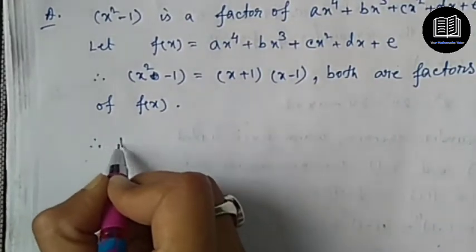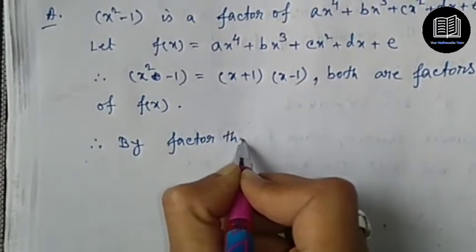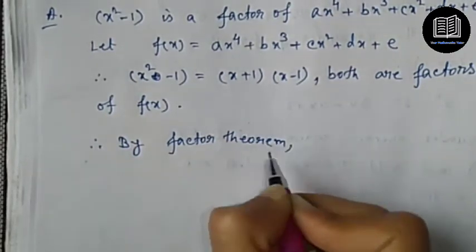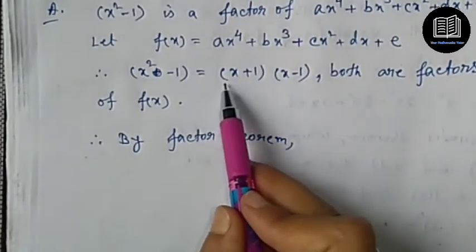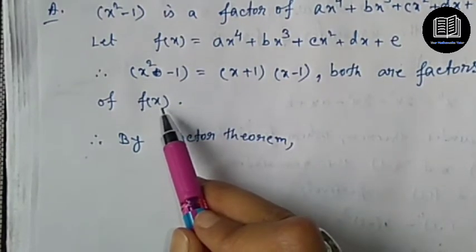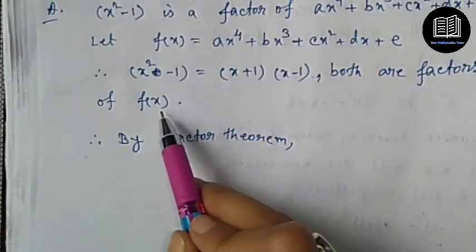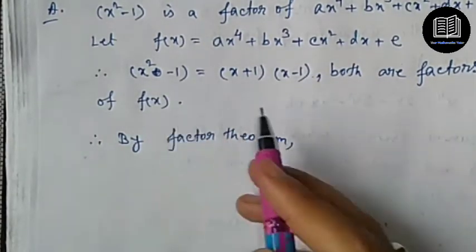Therefore, by factor theorem, if x plus 1 is a factor of f(x), then f of minus 1 must be 0. Similarly, if x minus 1 is a factor of f(x), then f of 1 must be 0.